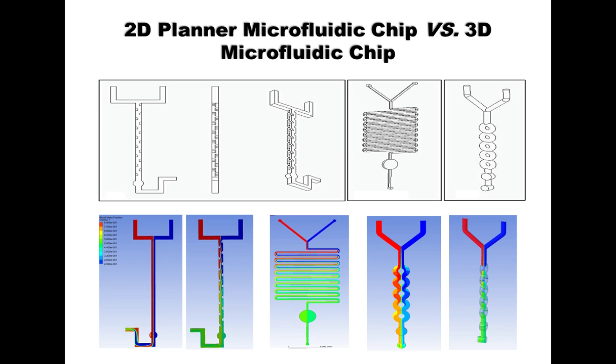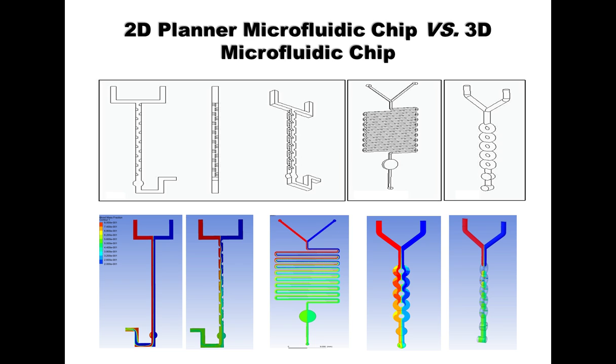the planar chip. If it's just a single straight planar channel, as we see from the bottom left, where two fluids are mixed in the simulation, no fluid mixing happens at all, because in the micro scale, laminar flow is dominant, and the mixing process completely depends on diffusion, which is slow.